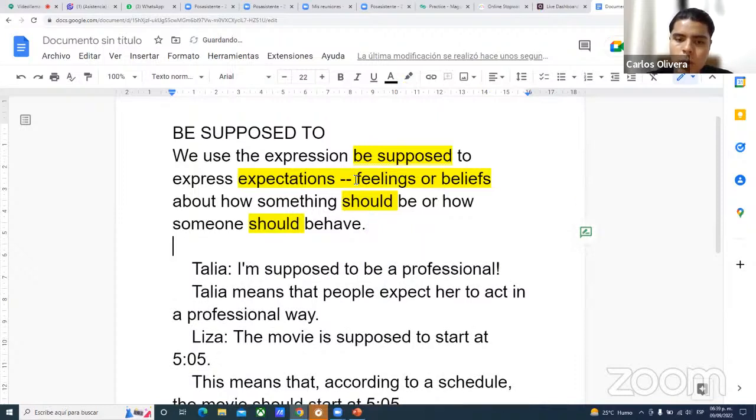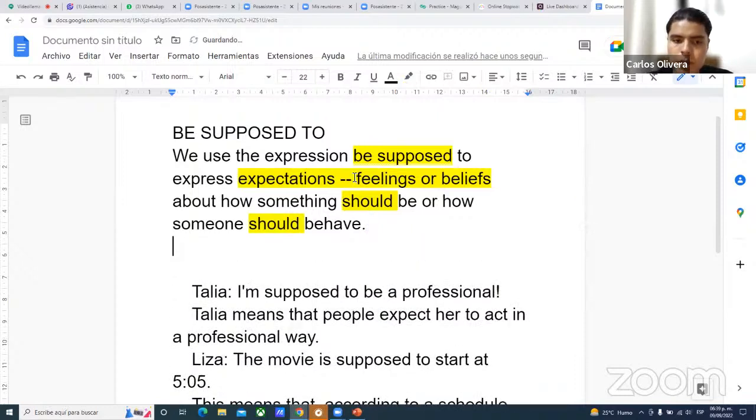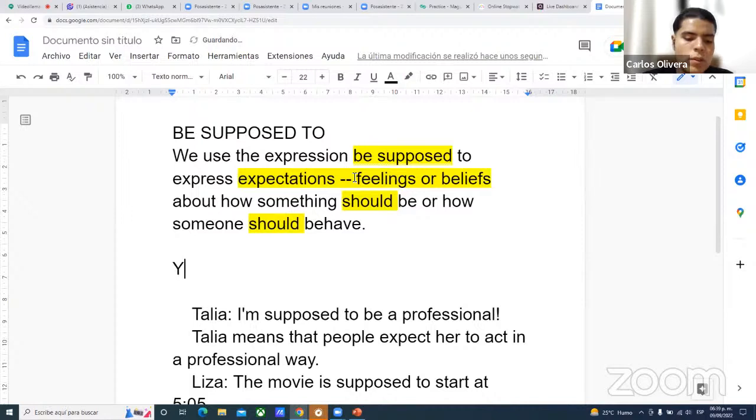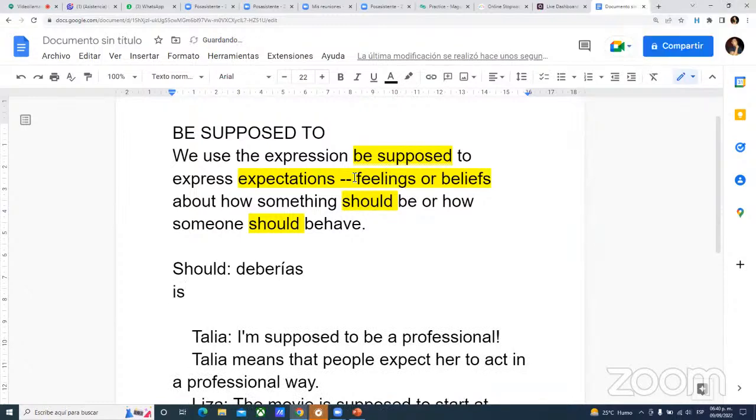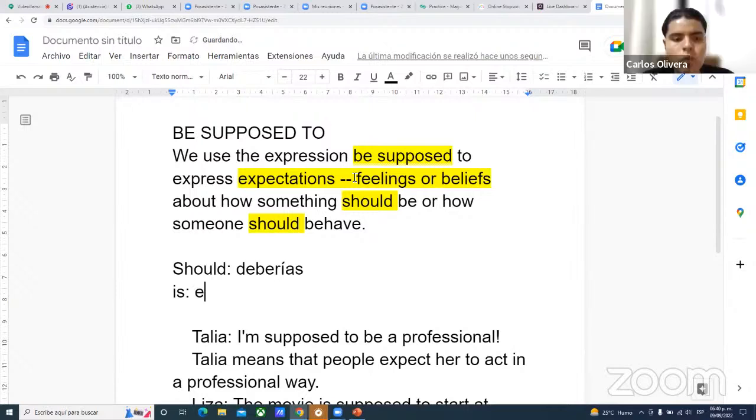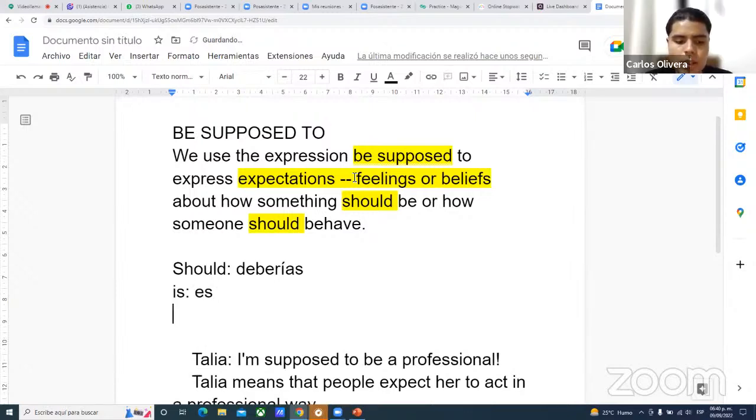You use should to say deberías. You use is when you want to mean es. You use must when you say debes.